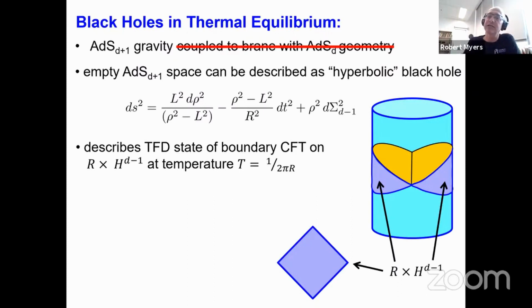But in this particular case, the thermofield double lives on this hyperbolic geometry, or two copies of this hyperbolic geometry across time. And there's a very particular temperature that we've chosen, where the temperature is 1 over 2 pi R, where R is the curvature scale of this hyperbolic geometry.